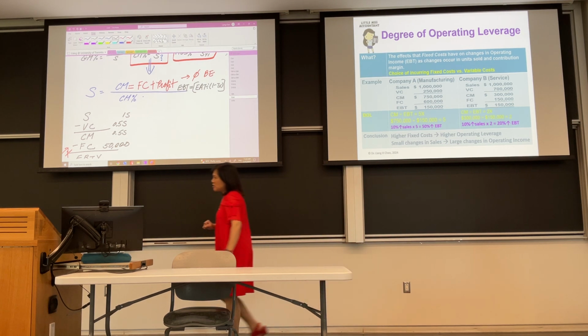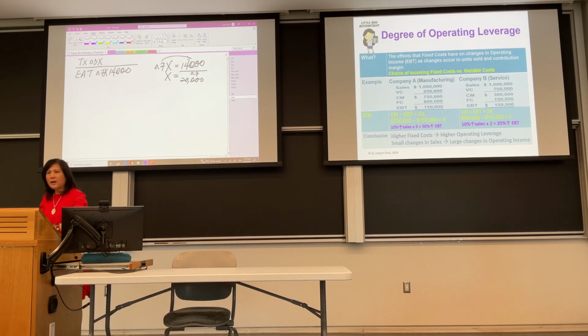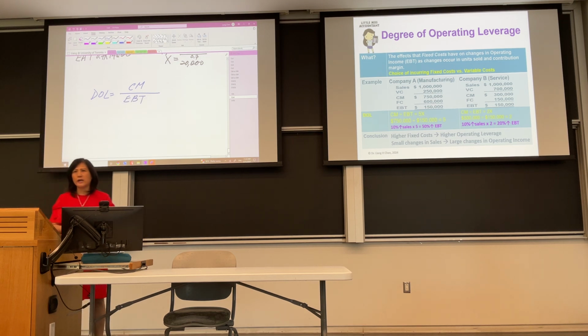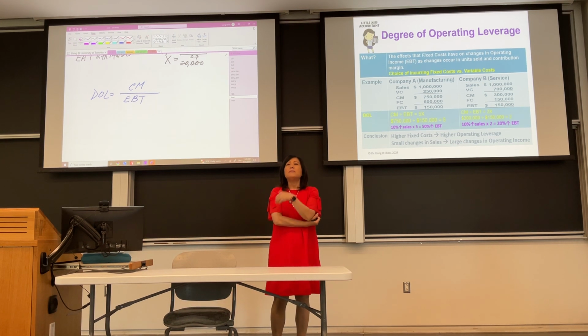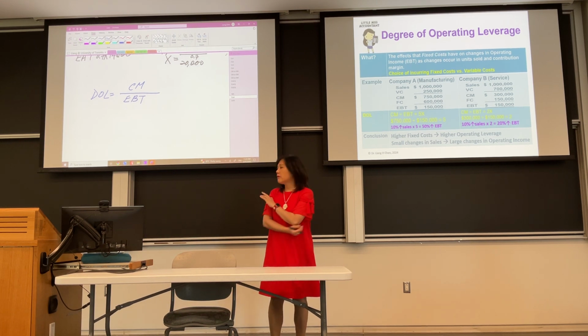So I mentioned that the degree of operating leverage, DOL, is calculated by taking contribution margin divided by earnings before tax. Everybody knows how to calculate this. It's just one number divided by another number. It's not difficult. But what does this mean?